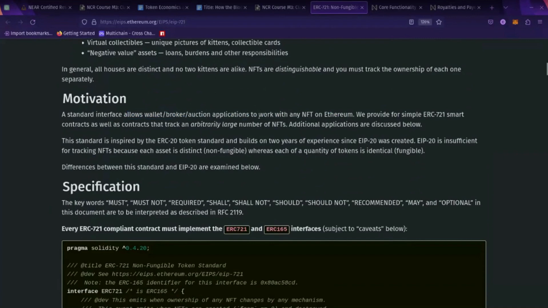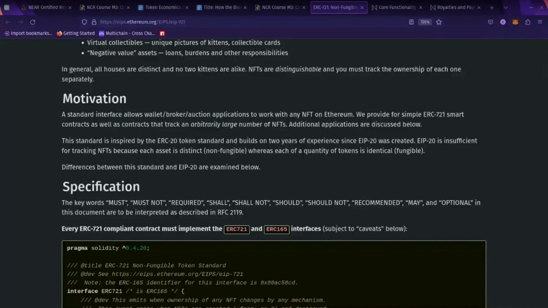The idea is these applications already existed, but they didn't have a simple way to work with non-fungible tokens, and this standard allows all these applications to work seamlessly. We provide a simple ERC-721 smart contract, as well as contracts that link an arbitrary large number of NFTs. Additional applications are discussed below.